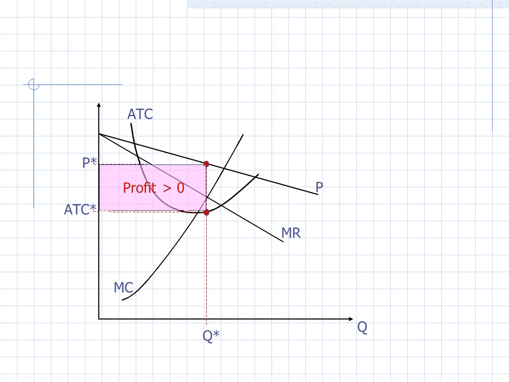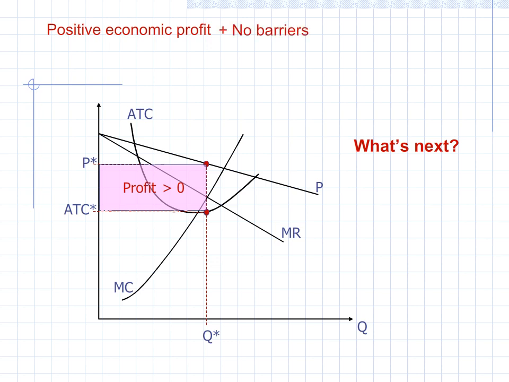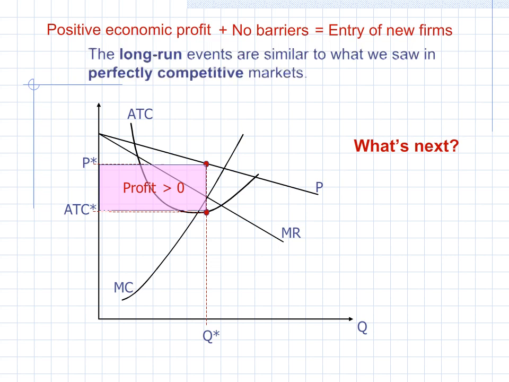But the interesting question is, what will happen next? Remember, this is no longer monopoly. This is monopolistic competition. Small firms, free entry and exit. So if there is a positive economic profit and there are no barriers that prevent new firms from entering the same market, you know what will happen? The new firms will enter. And in that sense, the process of the long-run adjustment in monopolistic competition is no different from what we saw in perfect competition.